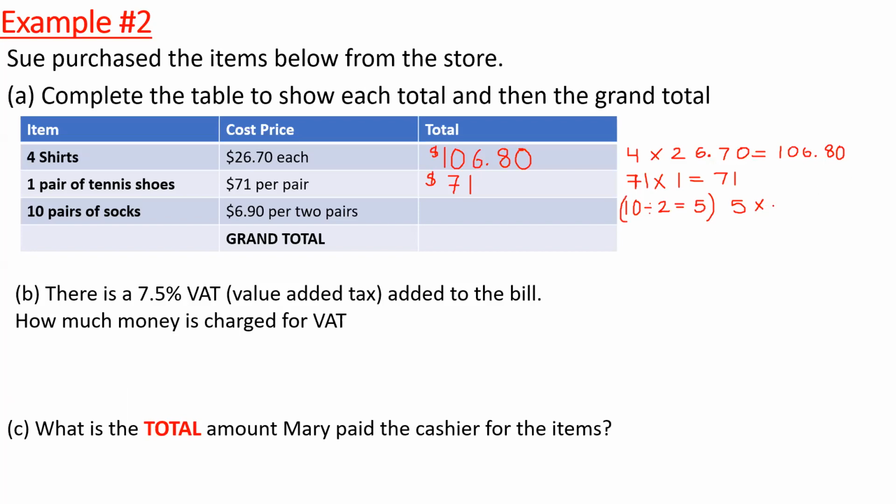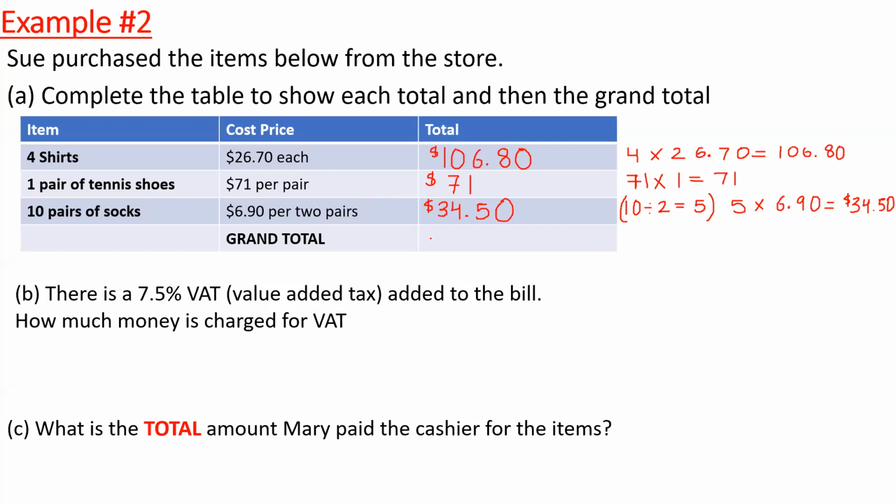Then we're going to take 5 and multiply it by $6.90. It's going to be equal to what? $34.50. Very good, I also got the same thing. It's going to be $34 and 50 cents.